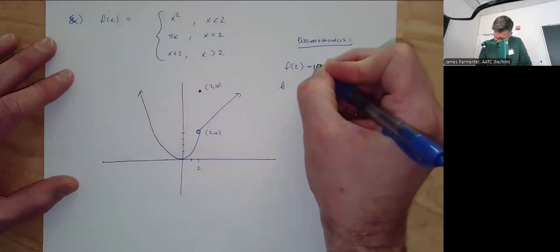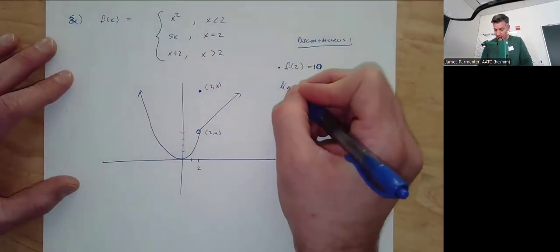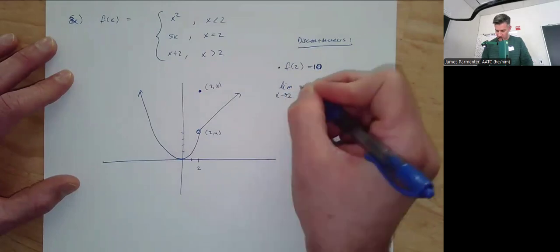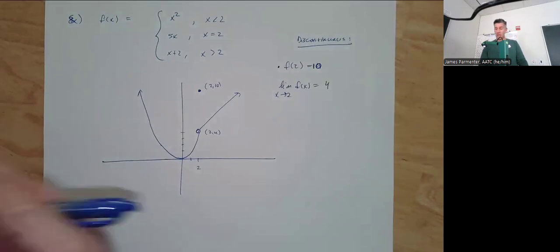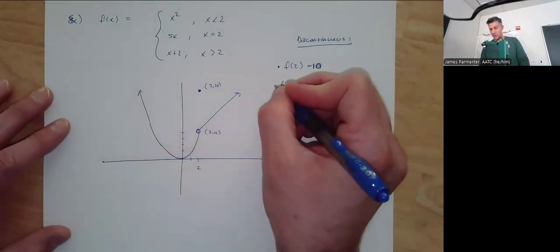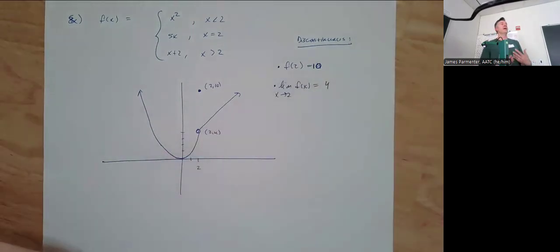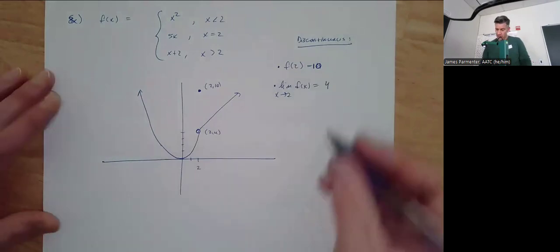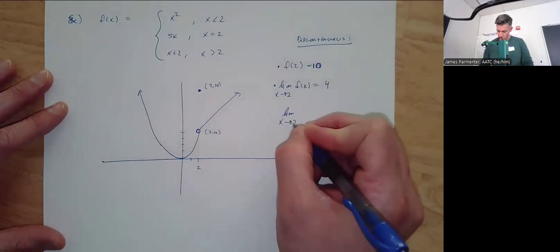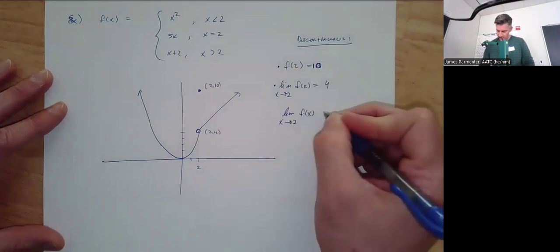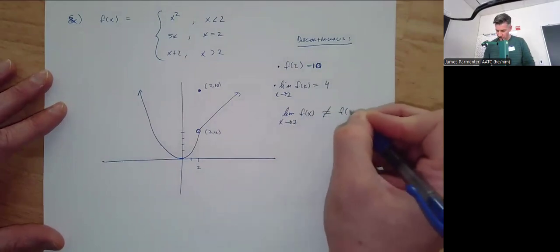And the limit as x approaches 2 of f of x is equal to 4, because the limit from the right and the limit from the left are the same. But since the limit value and the function value aren't equal to each other, it's not continuous. So discontinuous because the limit as x approaches 2 of f of x is different than f of 2.